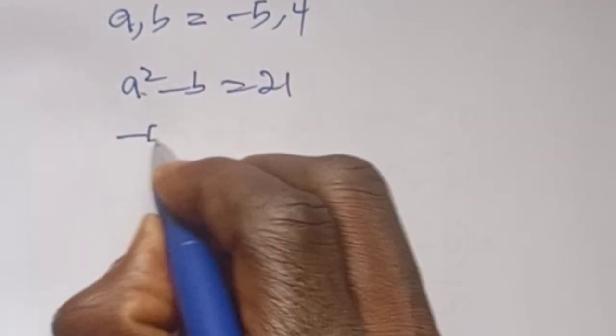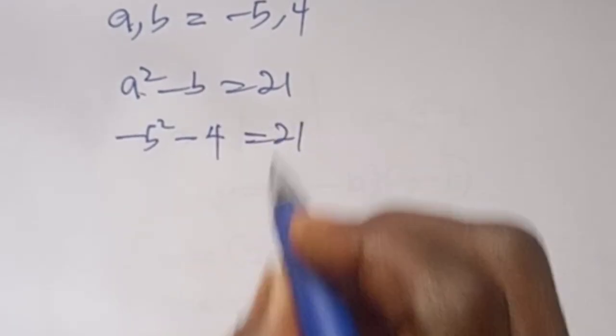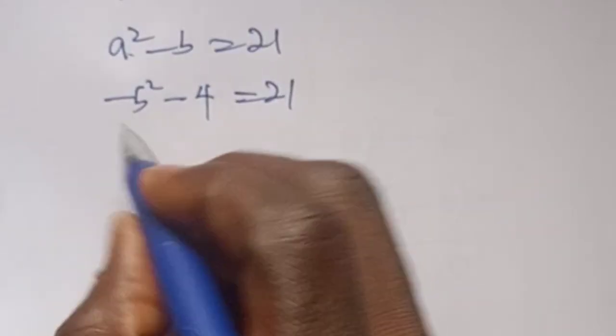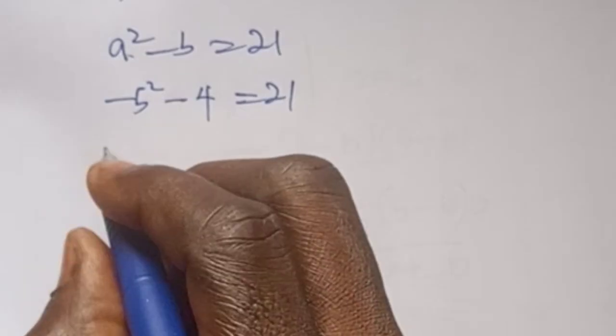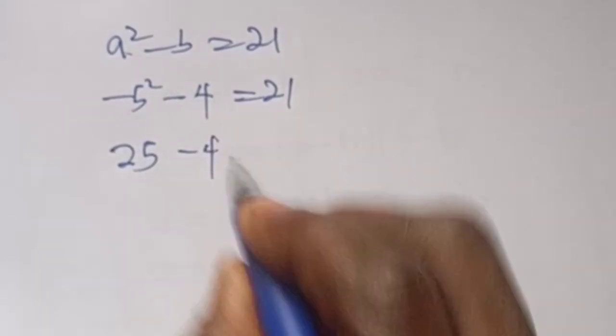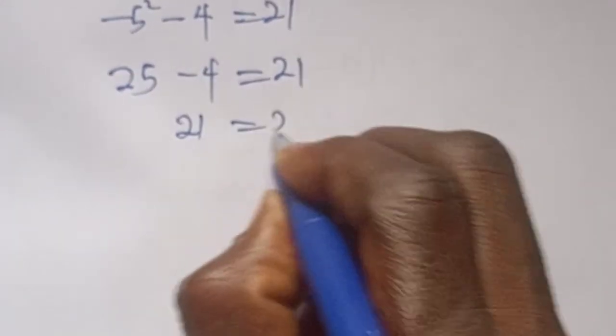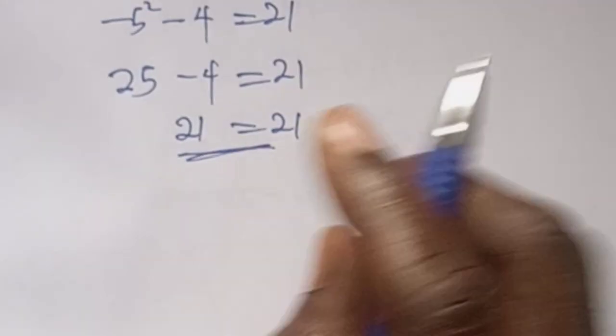A is minus 5 squared minus 4 equals 21. Here, minus 5 squared equals 25 minus 4. Can this be equal to 21? 25 minus 4, this is 21. Indeed, it's equal to 21. So it's true for the first case.